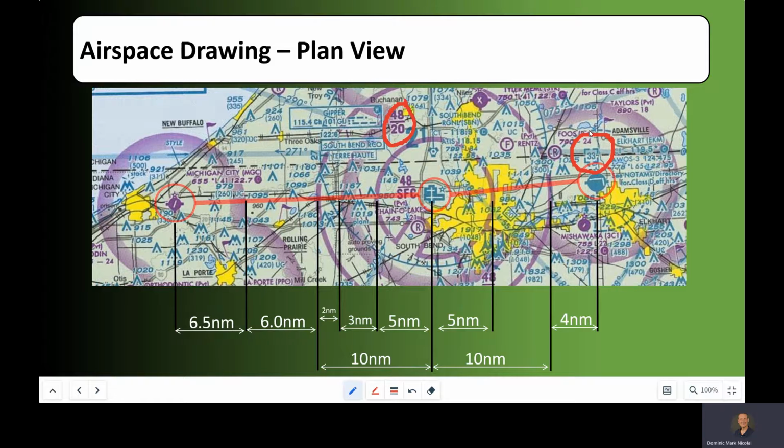Now, Michigan City is going to go 6.5 miles for the magenta shading. Got my mark for 6.5. And I'll put a mark there. 2 marks. That's my transition point. One more mark on the west side of it for 700.